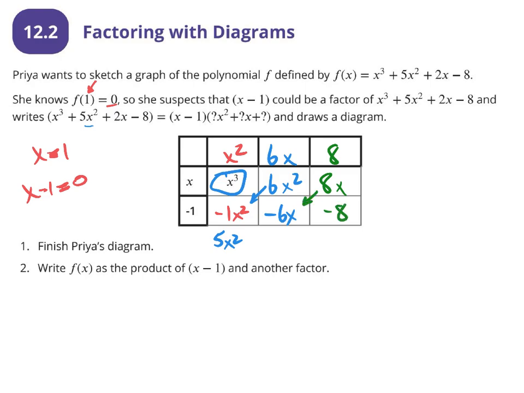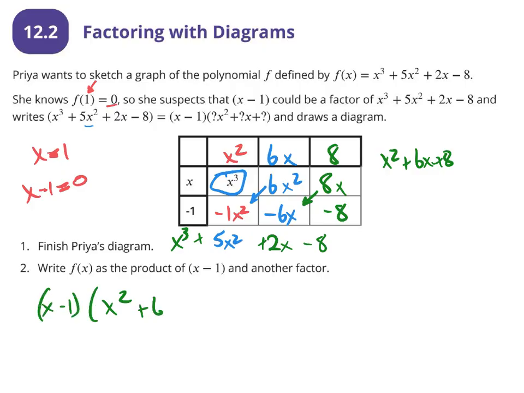You add on the diagonals. 8x minus 6x is 2x, plus 5 minus... we match our original polynomial. So x minus 1 is a factor. x squared plus 6x plus 8 is our other factor.